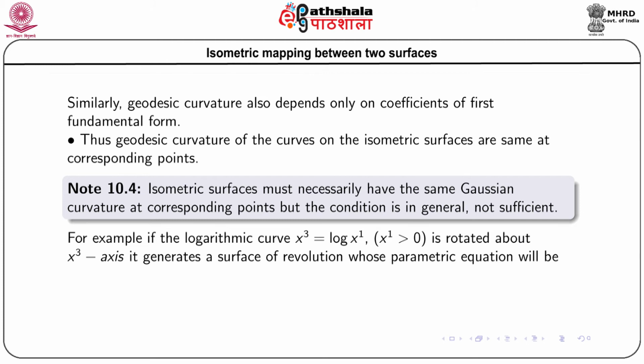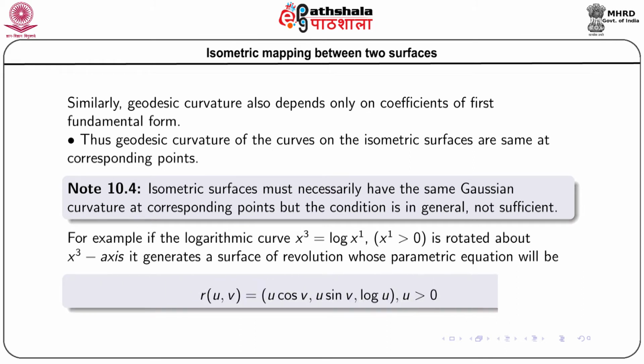For example, we can take this logarithm curve x3 equal to log x1, rotated about the x3 axis, and it generates a surface of revolution whose parametric equation will be this one, R u v equals u cos v, u sin v, log u for u greater than 0.